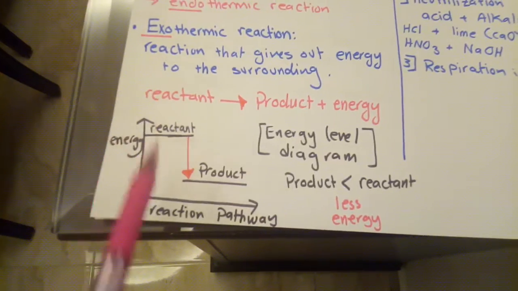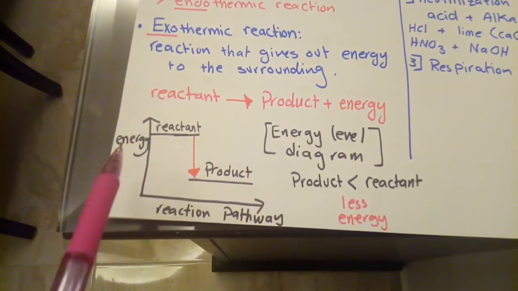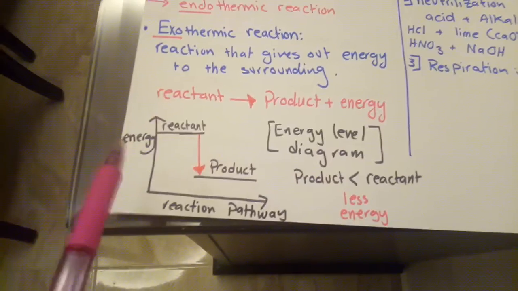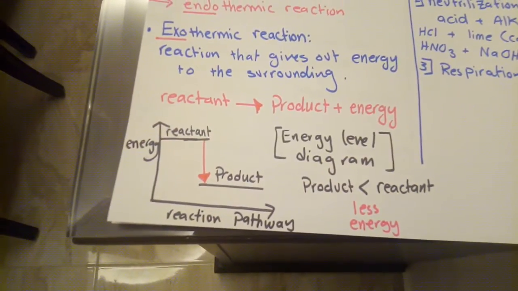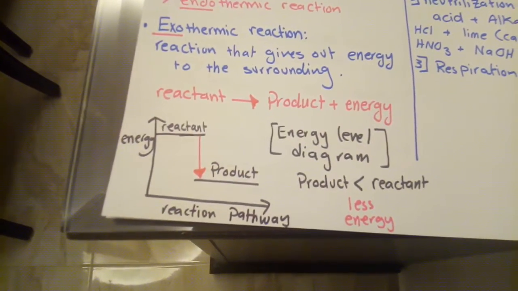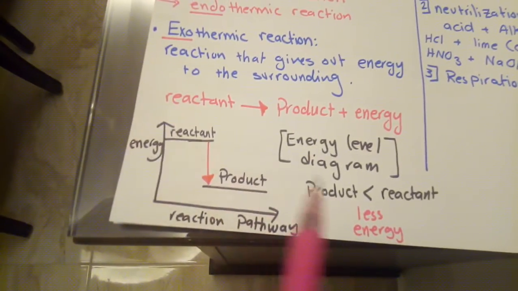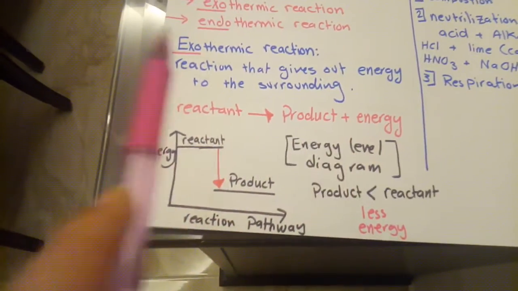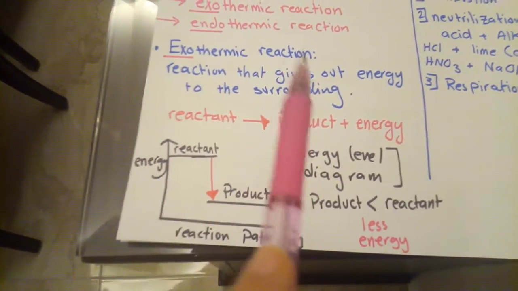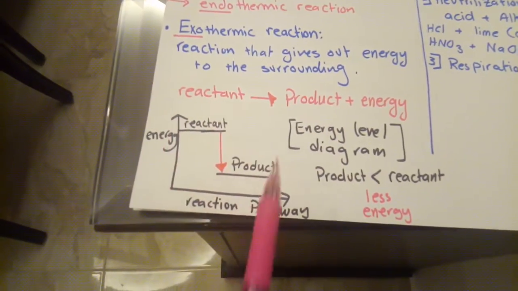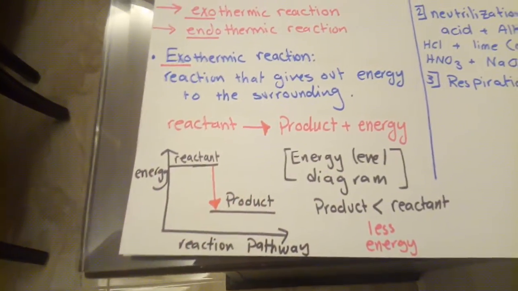On the y-axis I will put the energy. The energy here is measured in the unit kilojoule or joule. In order to show an exothermic reaction, the energy level diagram will be represented in this way.